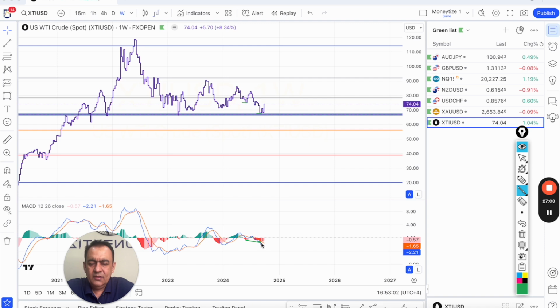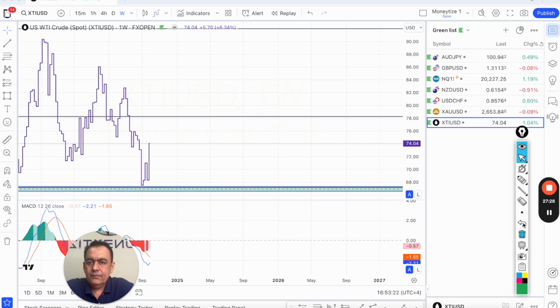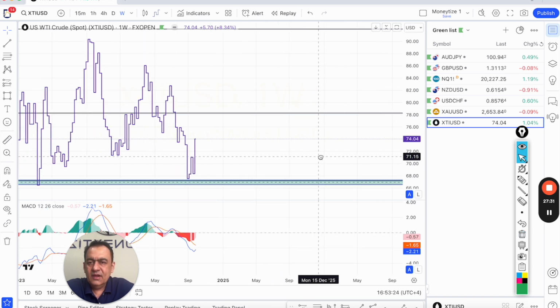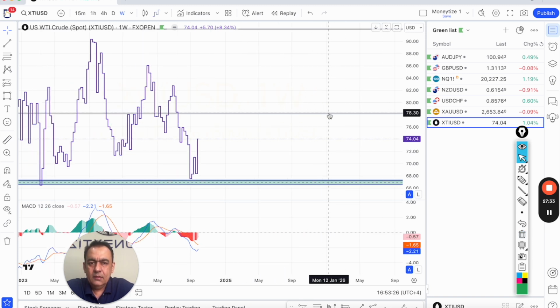So this is the reason I had a bearish view previously, but now it seems that we are at a crucial Fibonacci resistance level, that's FR50, and the market is giving bullish reaction, plus the geopolitical conditions. Now I'm gonna zoom in here. The next important level is 78.30.